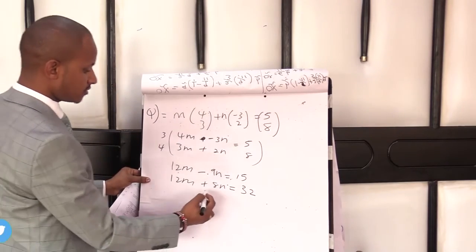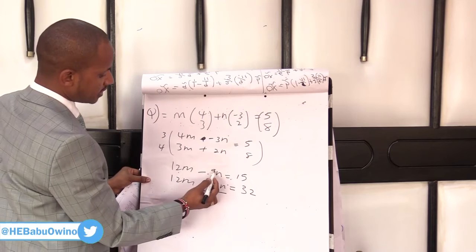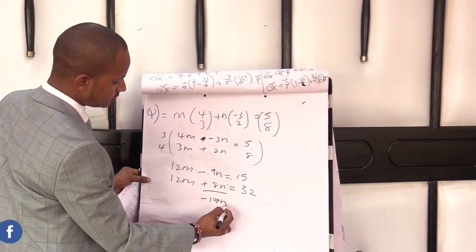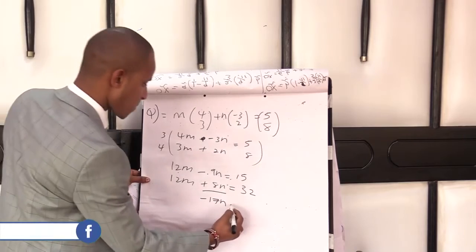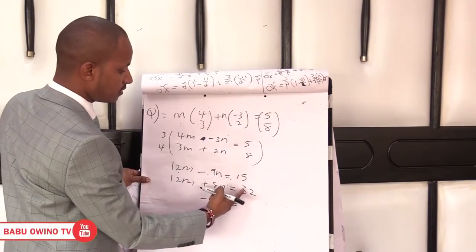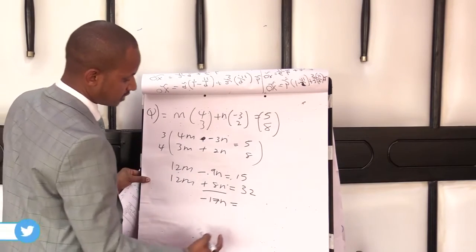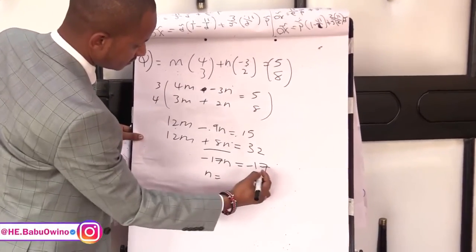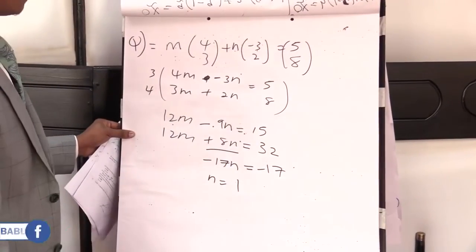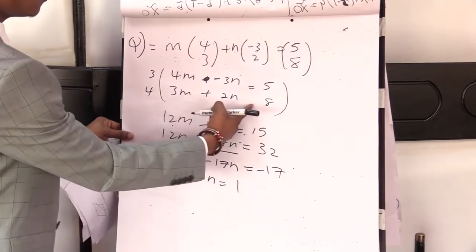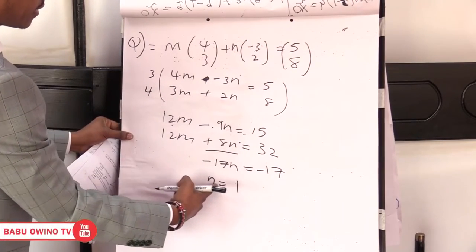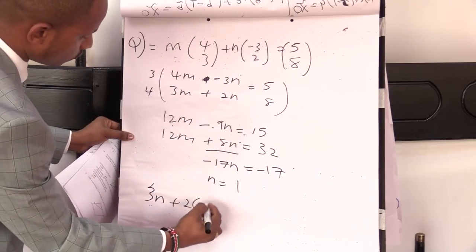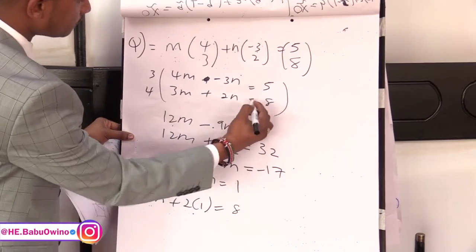12m minus 12m is 0. Then -9n minus 8n is -17n, equals 15 minus 32 is -17. So n equals -17 divided by -17, which is 1. Therefore, by substitution, where n is 1, we replace 1 here. So 3m plus 2 into 1 equals 8.